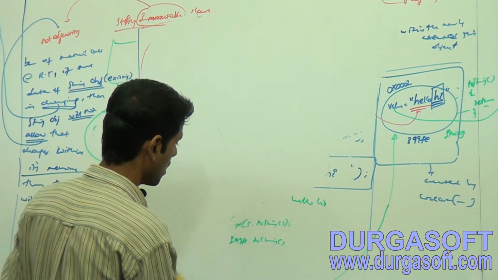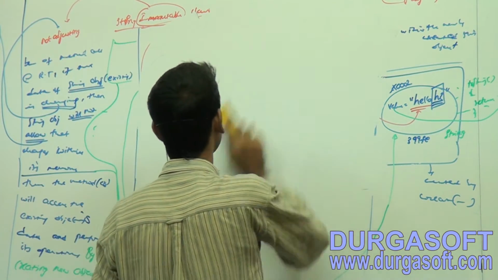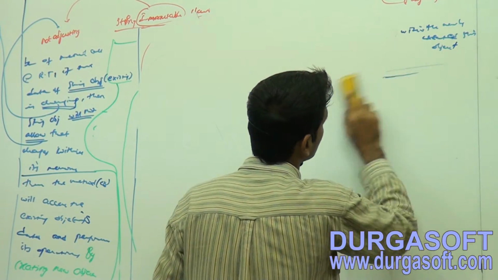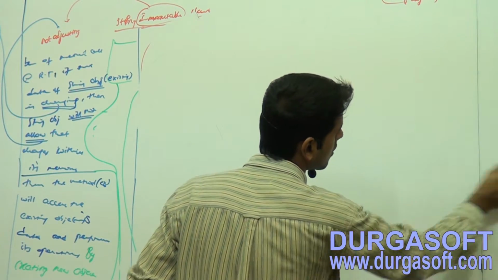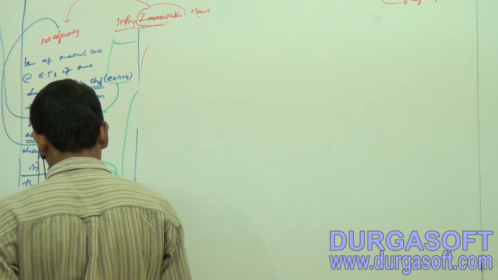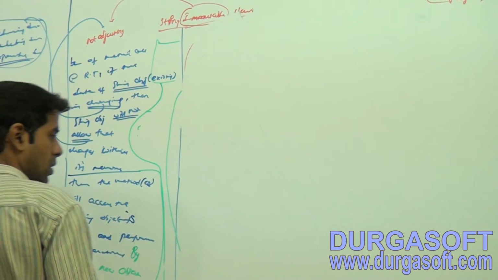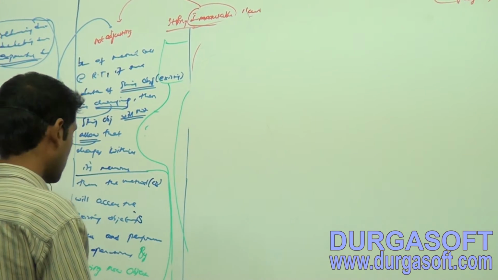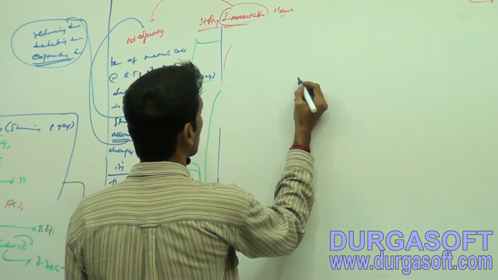Observe here, just a simple example, friends. Now this part you have to observe a little. Take one StringBuffer object.